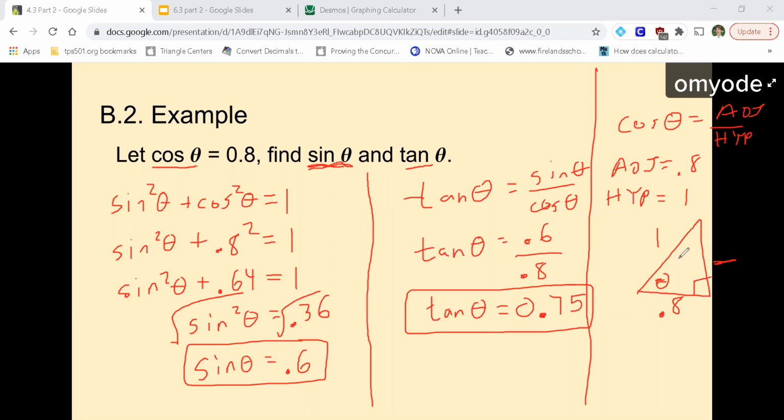And then once you have all three sides of a right triangle, you can find all the trig functions, right? Sine would be the opposite over the hypotenuse. Tangent's opposite over adjacent. Cosecant is hypotenuse over opposite, right?